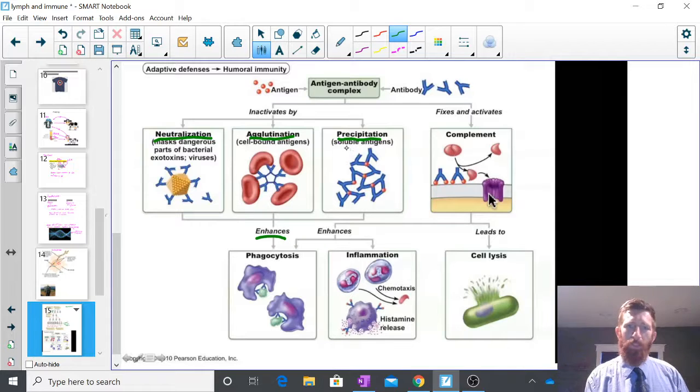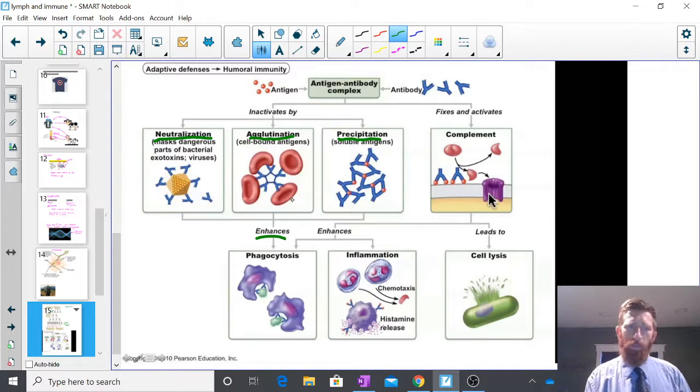If they're soluble antigens, things dissolved in the blood, then they get bound to the antibodies, and the antibodies make them come out of the solution and be more visible and more findable again by these macrophages, by these phagocytes.